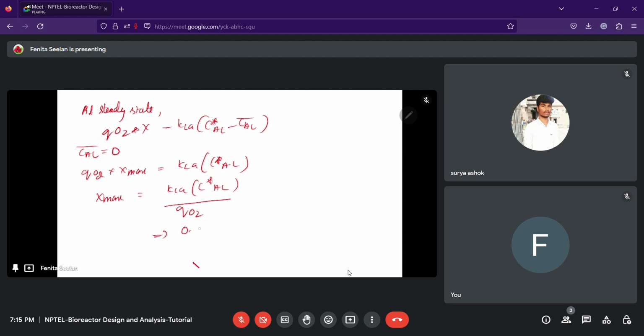So now substitute things. C star is in kg per meter cube, and you want it in grams per meter cube. The specific uptake rate is in millimole per gram per hour, but here it is in seconds. So for converting to seconds, you multiply 60 into 60, which is 3600 seconds.